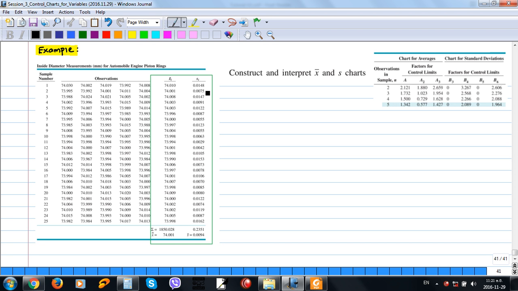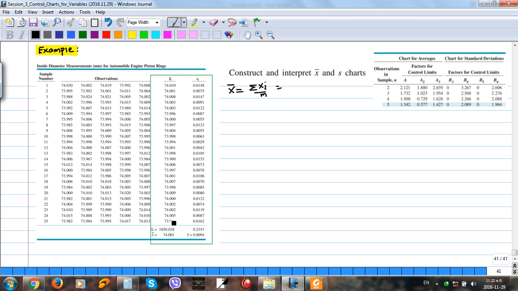Then according to these values, construct the X bar and S charts. X double bar equals the sum of X bar i over m.